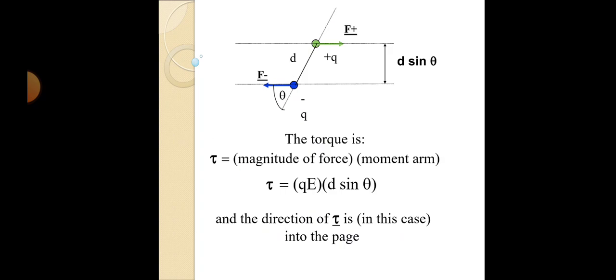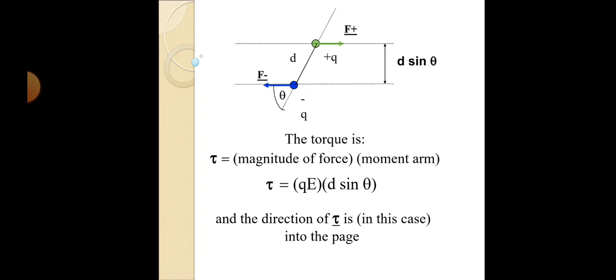And what is torque? The multiplication of the magnitude of the force and the perpendicular distance between both the charges. Here the perpendicular distance between both the charges is d sine theta. The direction of the torque in this case is given by the direction of the dipole moment, because qd is the dipole moment.